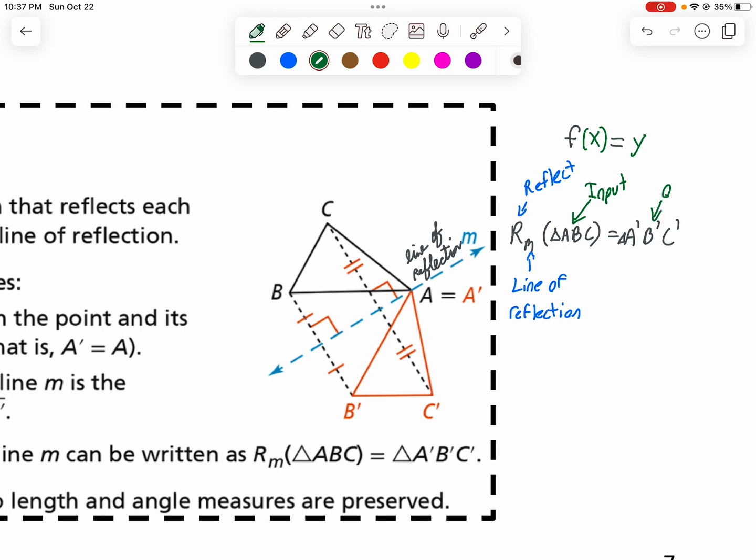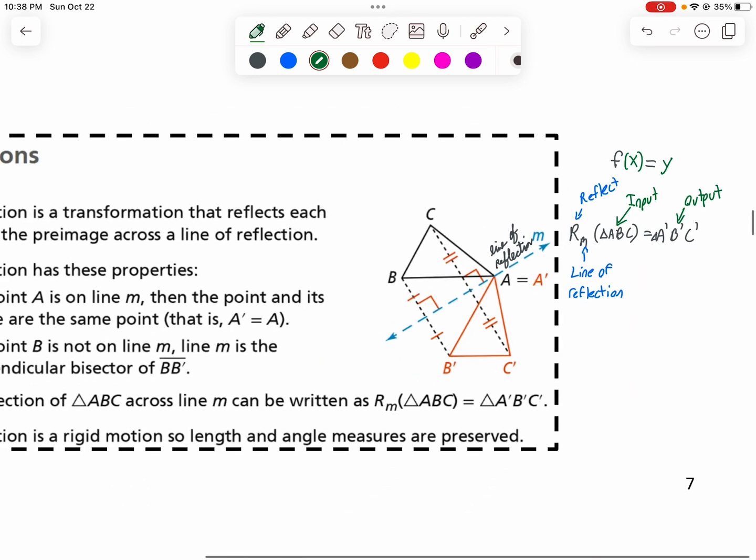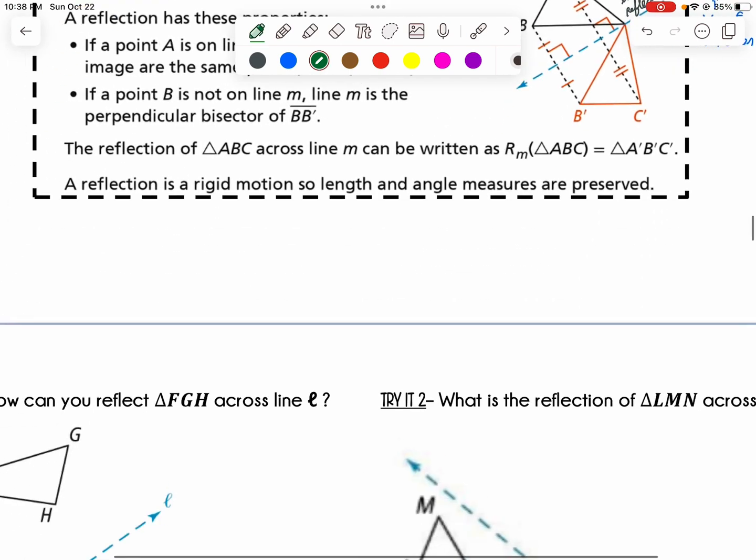Here, this is our output. Okay, it's not an individual point, it's a collection of points based on an object. Okay, so it says to reflect across this line a certain input to produce an output. Now, in our class, we're going to focus on inputs that are almost always the entire figure being drawn, but you could just reflect individual points and see what happens there.